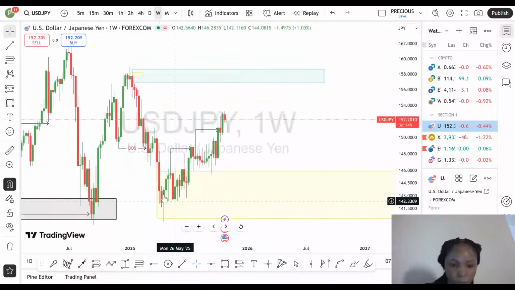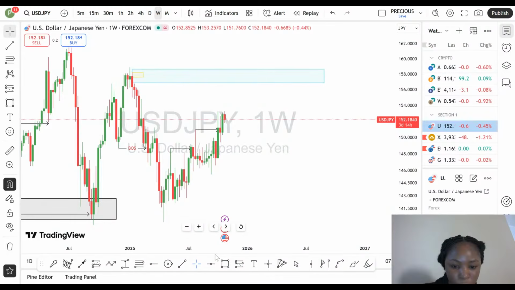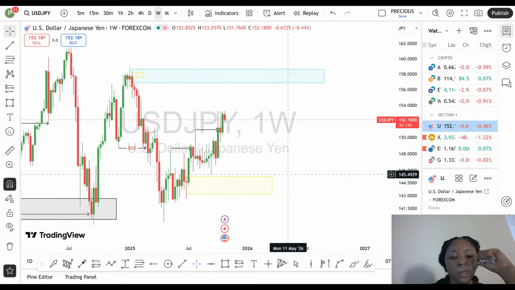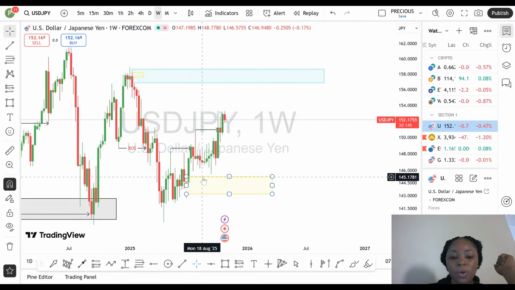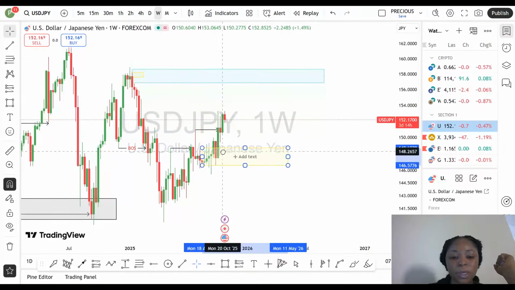I think the weekly did more justice to this. So I want to take my profit from here, being conservative. But mind you, I have a break of structure here. I want to take my profit from here, or I can still just take my profit from here.